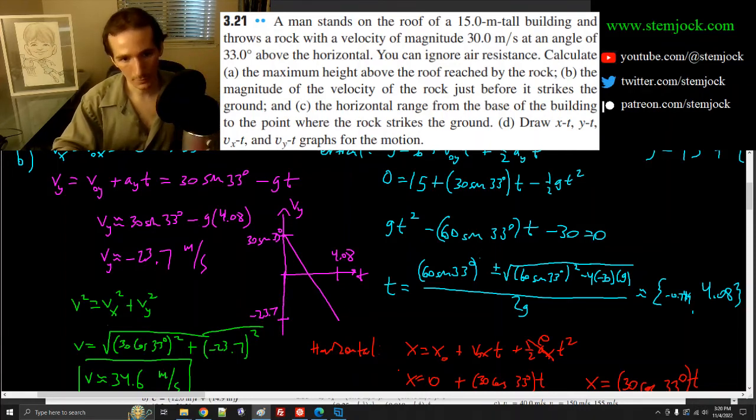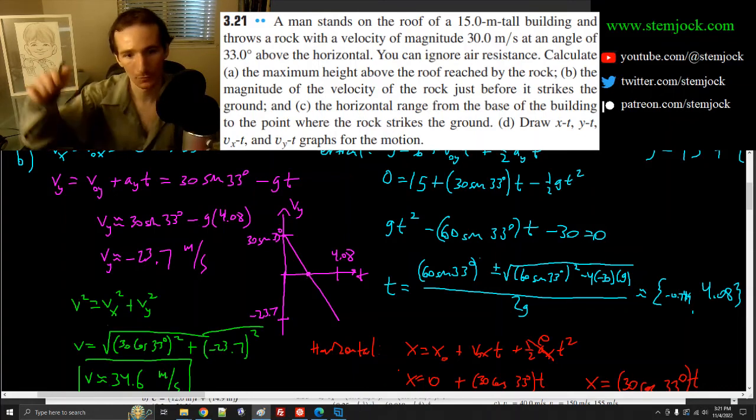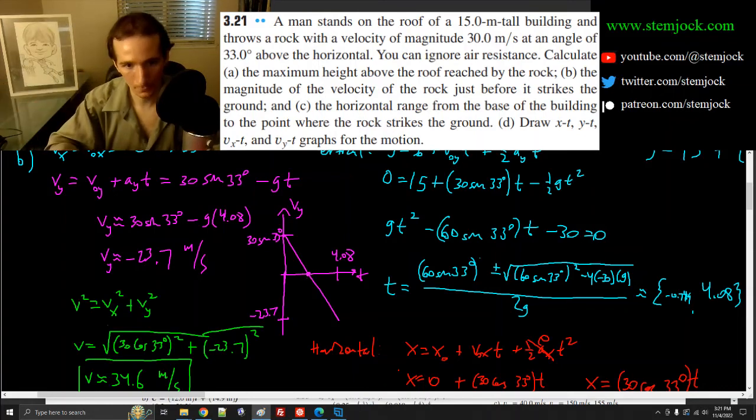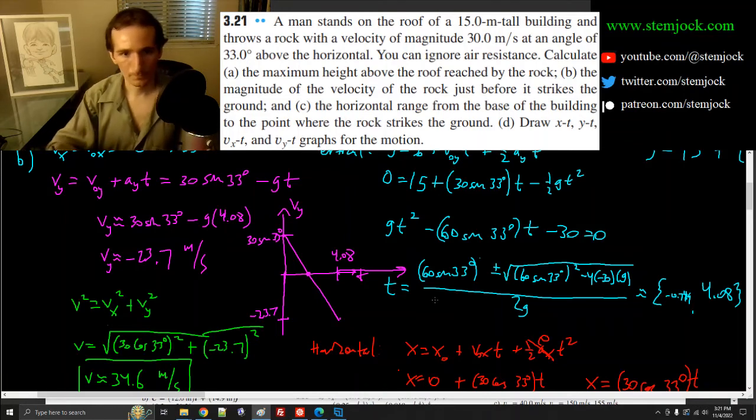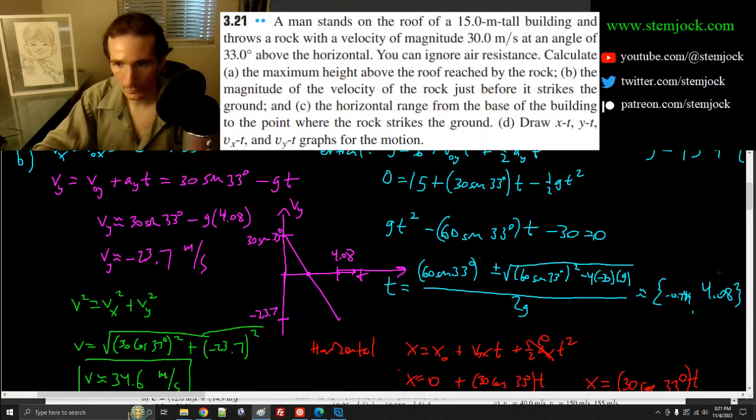So when you throw it, it goes up, and then once it reaches the top of the parabola, it has a vertical velocity of 0, and then starts to fall back down. So Vy becomes negative, and it goes faster and faster until it hits the ground at this point here, and then it just stays at 0 forever. So this is our graph of Vy versus t, and finally Vx.